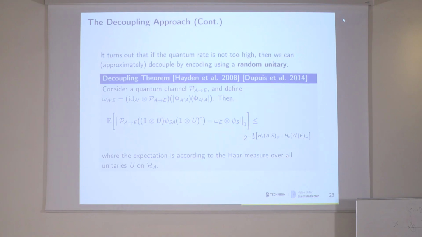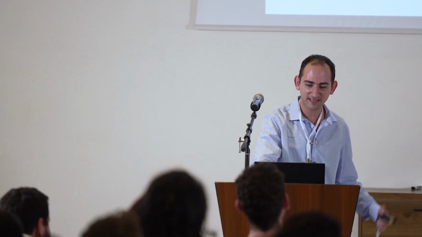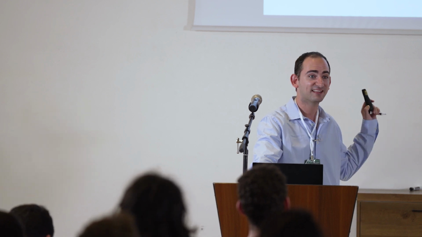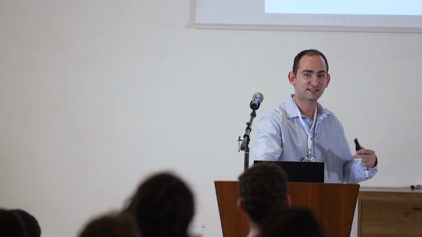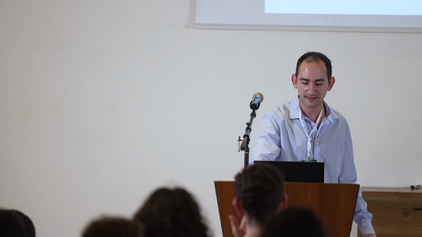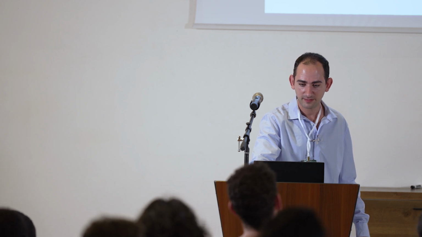You also need to show decoupling, and you can do this using this formula, the decoupling theorem. If I have entanglement assistance, then I can achieve higher rates, and I actually have a single-letter formula, a formula that I can compute. So it simplifies the problem when I have entanglement assistance.